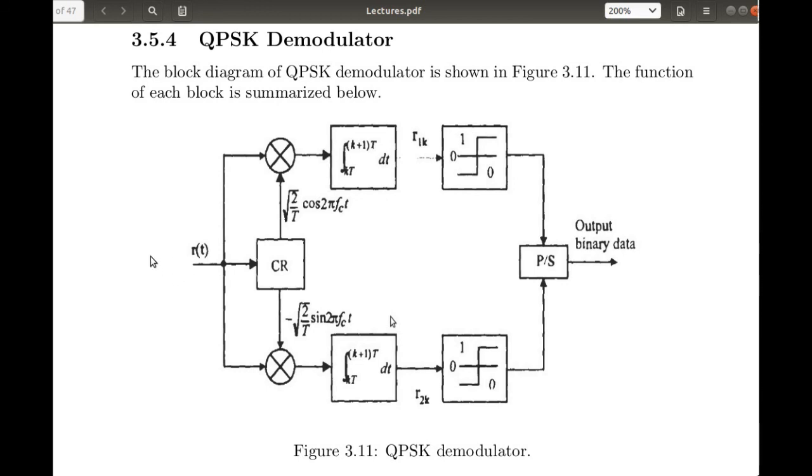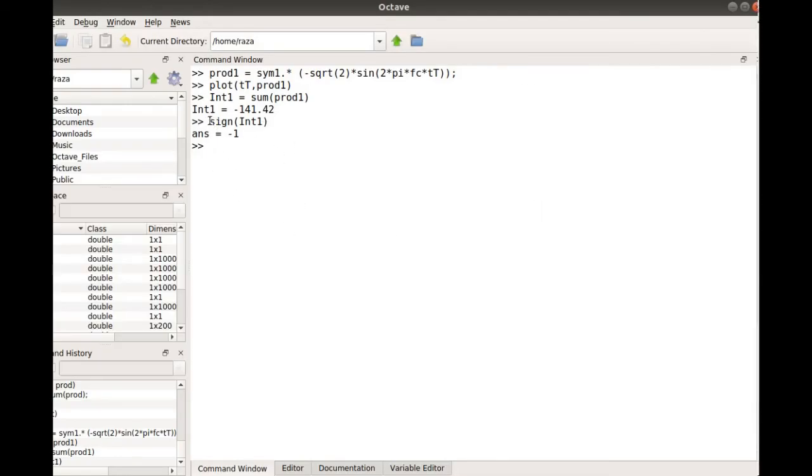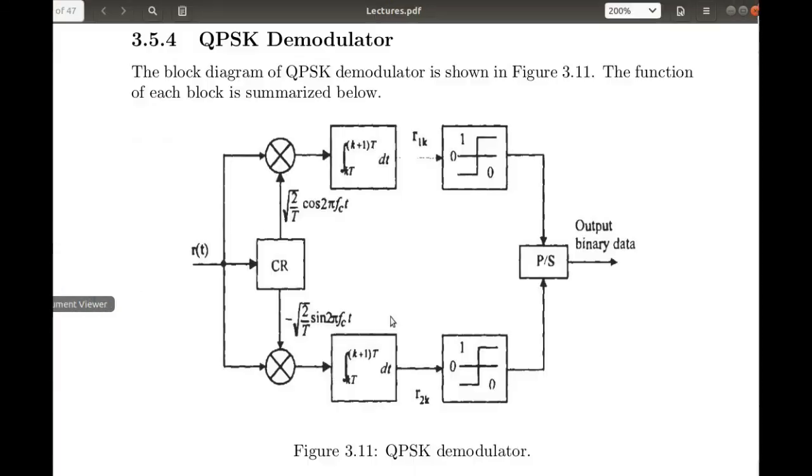So for the first symbol we saw the operation of a demodulator. To summarize, we showed the process of demodulation just for the first time period 0 to T. We processed our received signal for the first time interval.